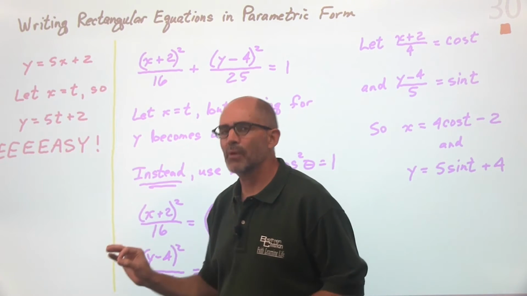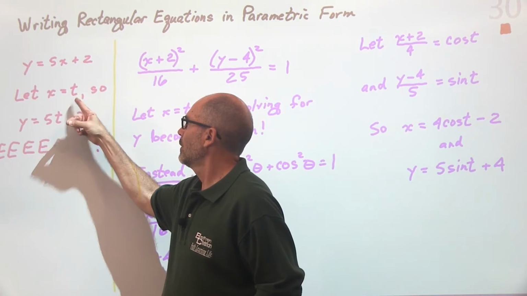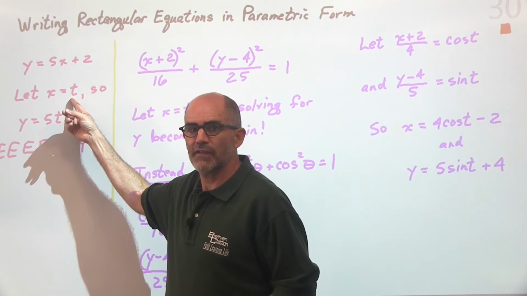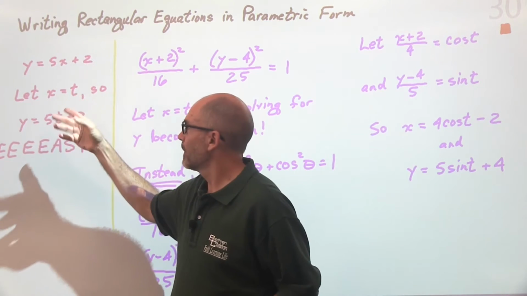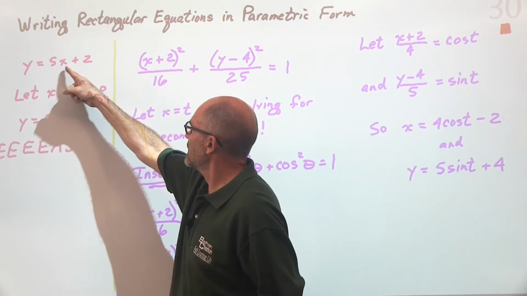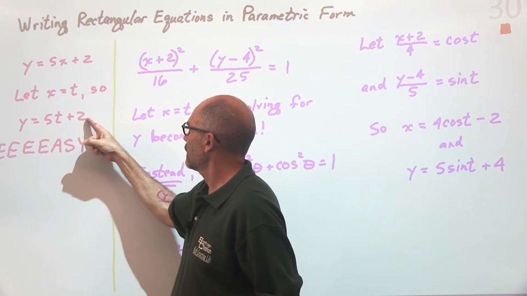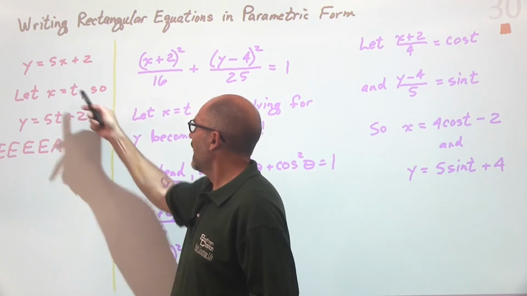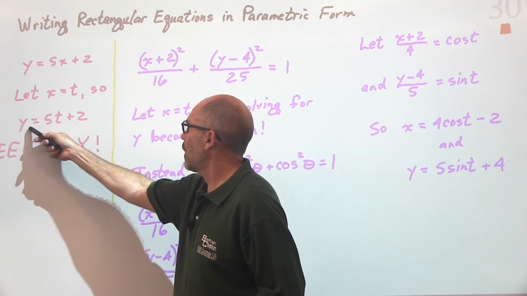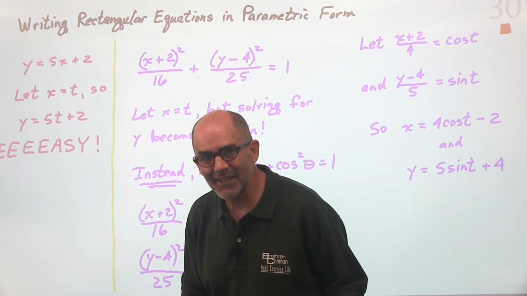Now, the simple thing to do is let x equal t. So now x is a function of t. X equals t. Well, if x equals t, then all I have to do is substitute t in for x, and I have y equals 5t plus 2. So notice what I have. X is a function of t, y is a function of t. Easy.